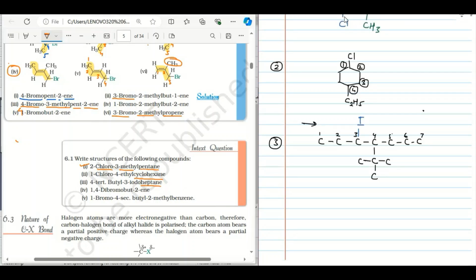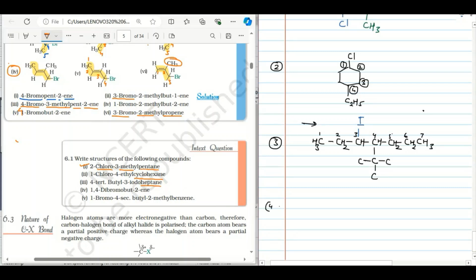Now balance the hydrogens. Here you will get CH3, CH2, CH, C, CH2, CH2 and this is CH3. So this is the structure of 4-tertiary butyl 3-iodoheptane.